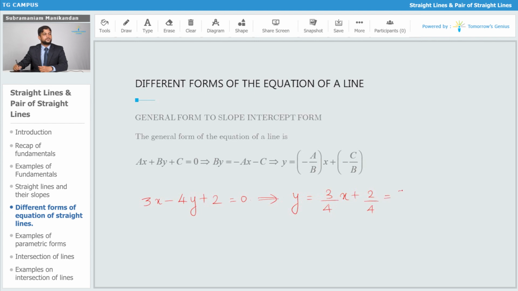So that's (3/4)x + 1/2. Comparing it with the y = mx + c form, we get the slope m as 3/4 and c as 1/2. Thus the slope of the line is 3/4 and the y-intercept is 1/2.